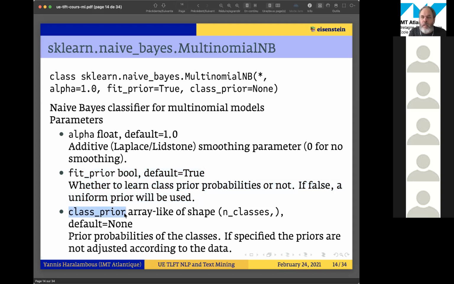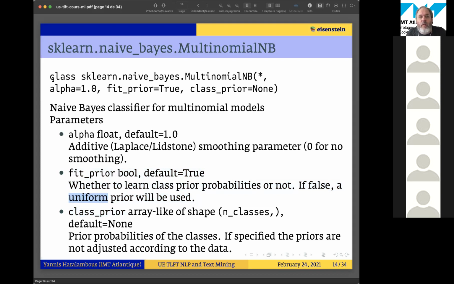And then I say, okay, no matter what you find in the training set, here are the frequencies of classes. And if these classes have uniform distribution, then I just need to say fit prior equals to false.